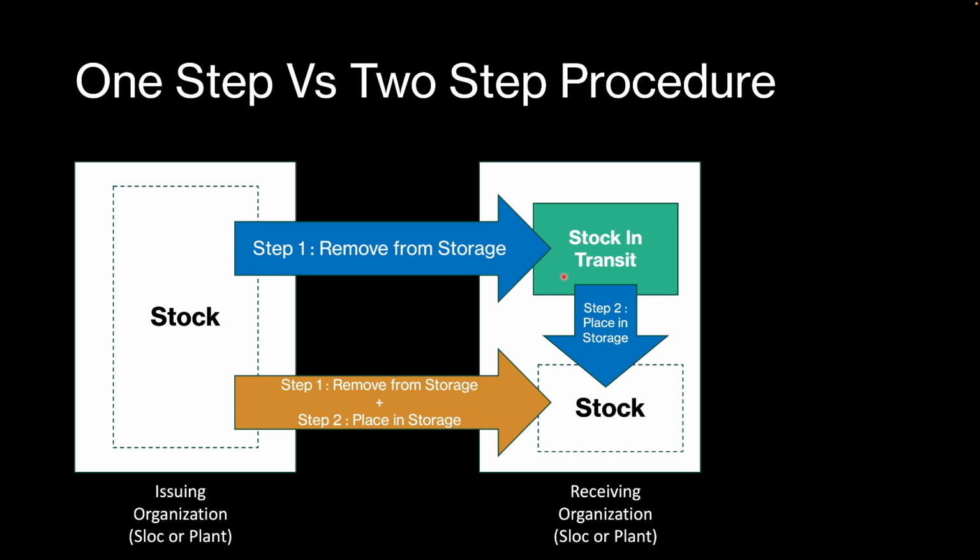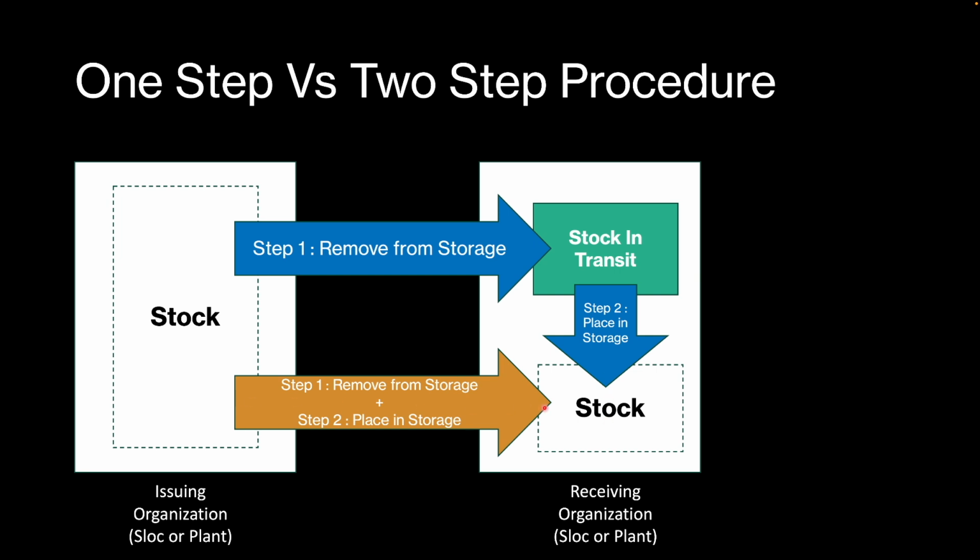And once the material is physically received at the receiving organization, then the receiving organization will do step 2, that is placing in storage in the receiving organization. That is updating the stock in either the receiving storage location or the receiving plant. So you have two steps. The step 1 is goods issue step, where you issue the material from the issuing organization, and step 2 is the receiving step, where you do the goods receipt in the receiving organization.